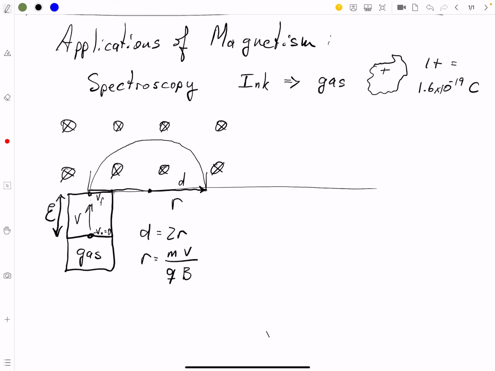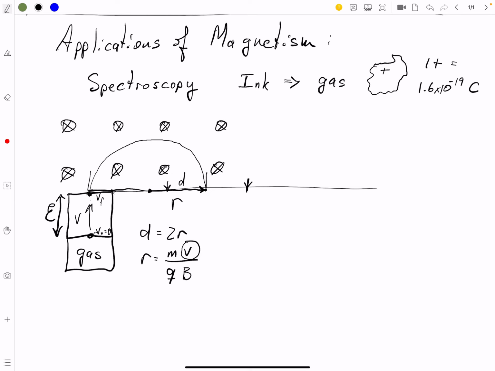What that means is every single charged particle gets the same EMF, meaning they all have the same velocity coming out of this. But their masses are different, so when they end up in the B field, some of them might hit here, some of them might hit down here. And that's where mass spectroscopy comes in, whatever.